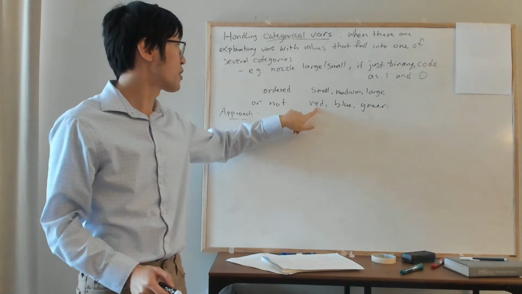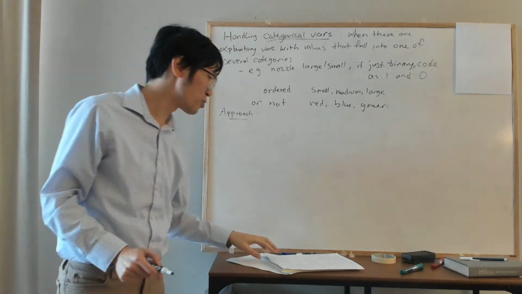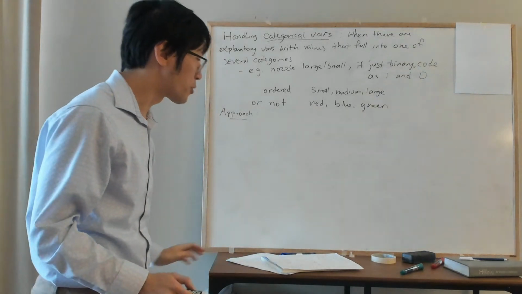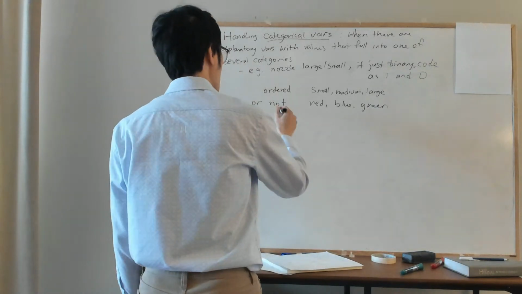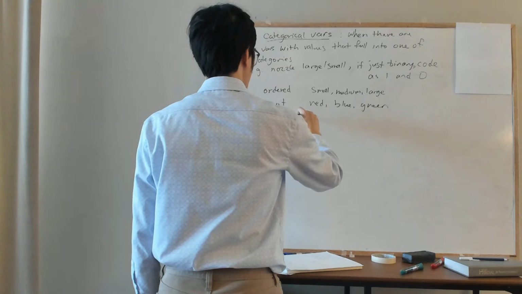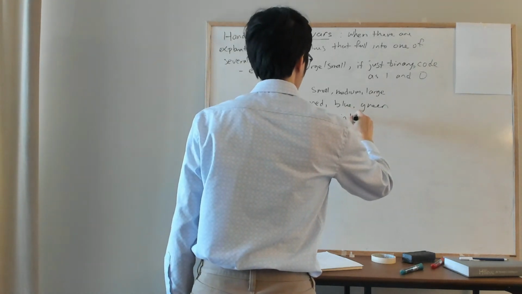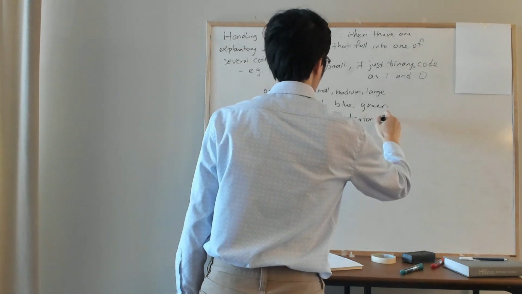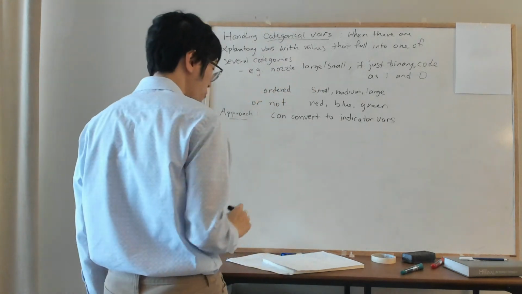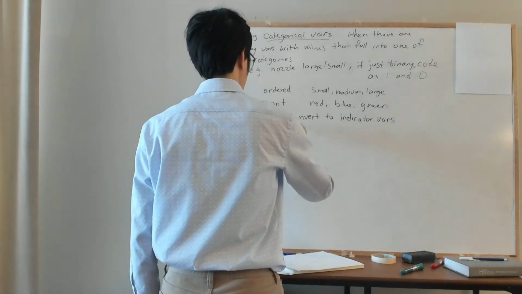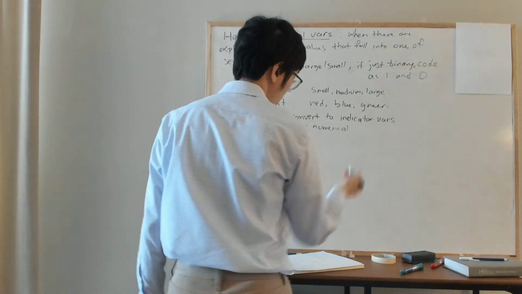Now, in the case where there's no ordering, like red, blue, and green, the sensible approach would be to use what we'll call indicator variables. So let's make this point first: we can convert to indicator variables, or treat as numerical if it makes sense to do so.